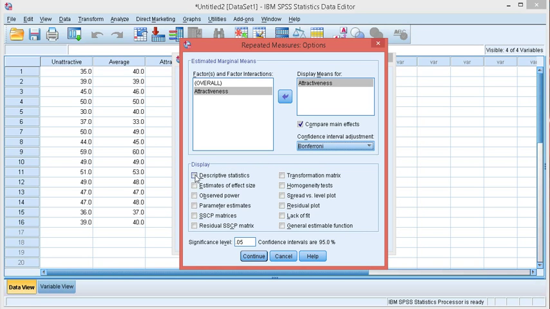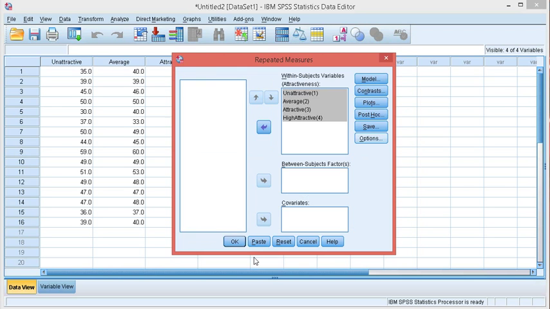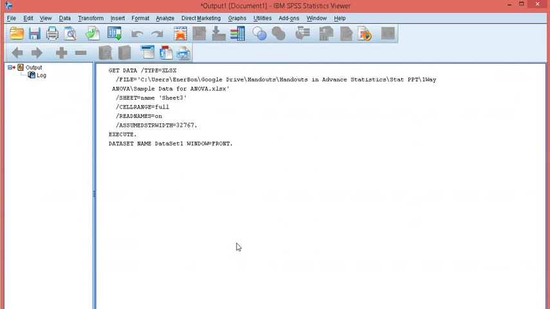Then click on other options: descriptive statistics, estimates of effect size, and homogeneity tests. That's basic. Now the significance level is at 0.05. If you want to be more strict, you can make that 0.01 or 0.001, but conventionally 0.05 is okay. Then let's click continue, and then click OK.